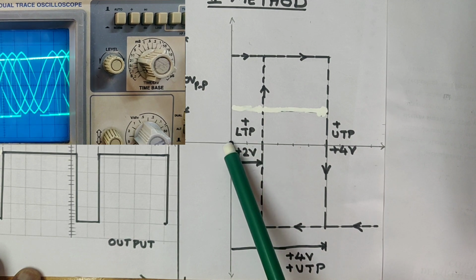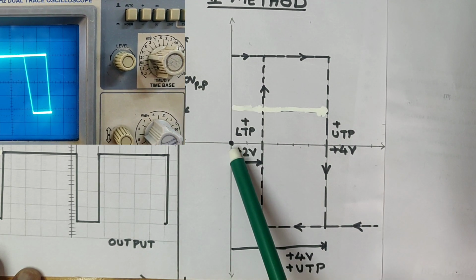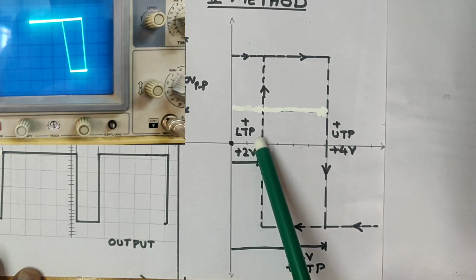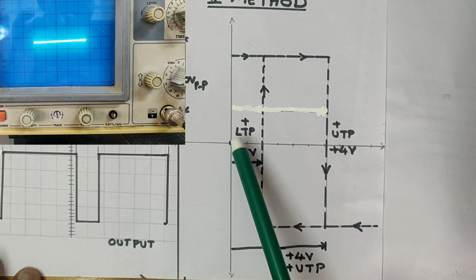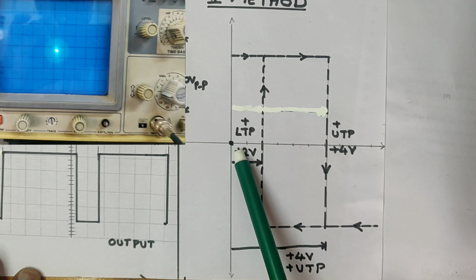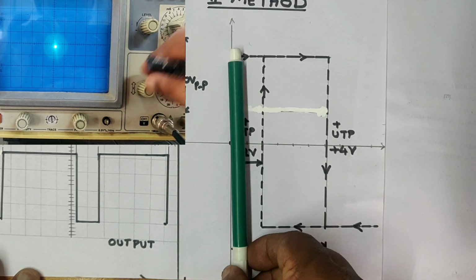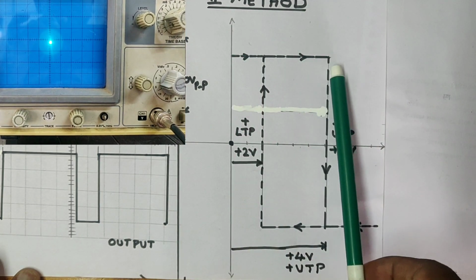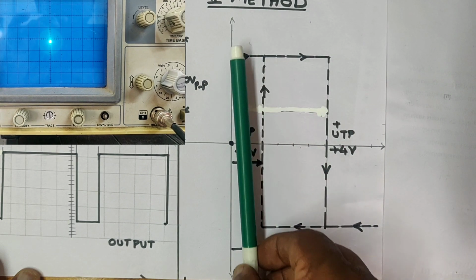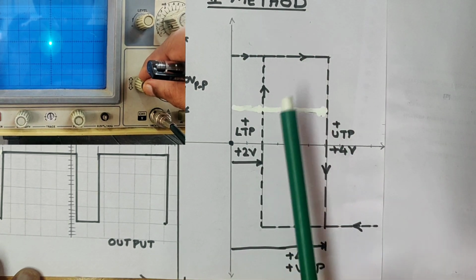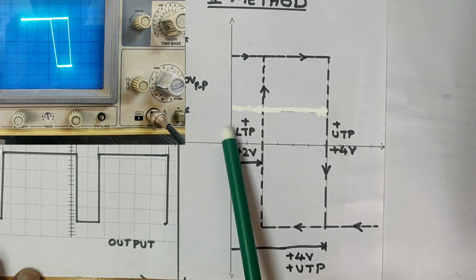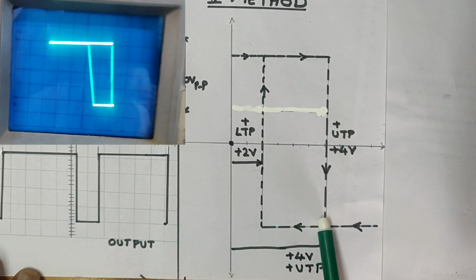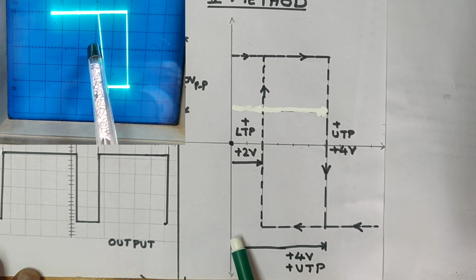With respect to this x-axis, the coincident of the x and y plots, you can measure the distance here. This nearest point shows us the LTP. The whole waveform is moving completely between the first and second quadrant, which shows that it is positive. The distance to this point is plus 2 volts, and the extreme end, till this point, is 4 divisions.